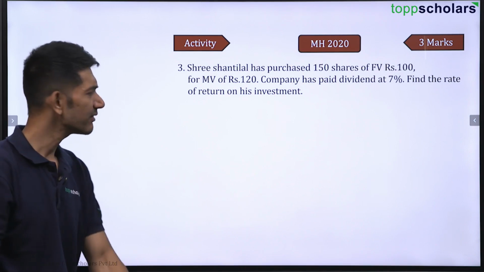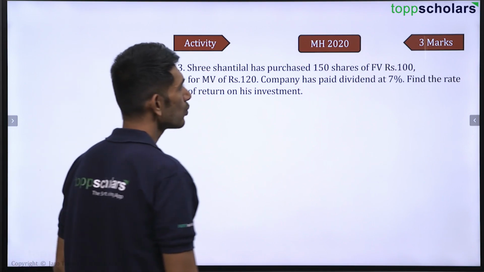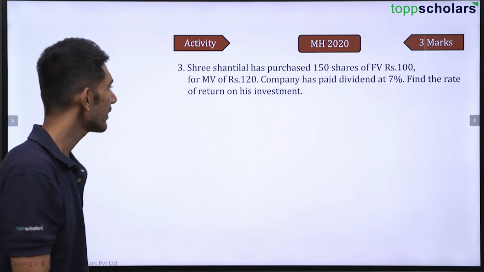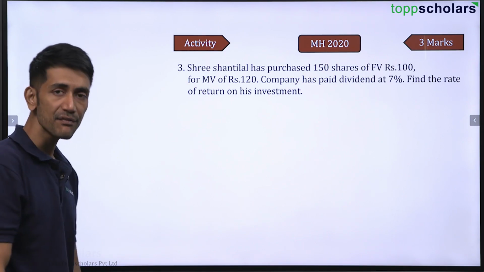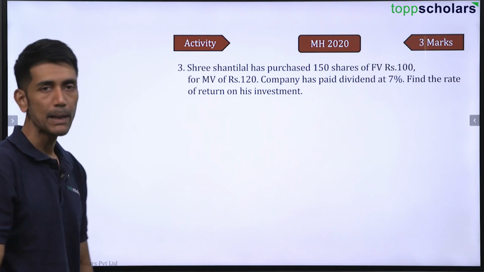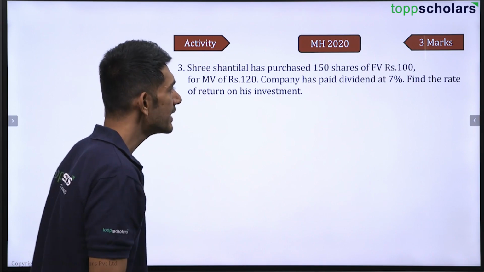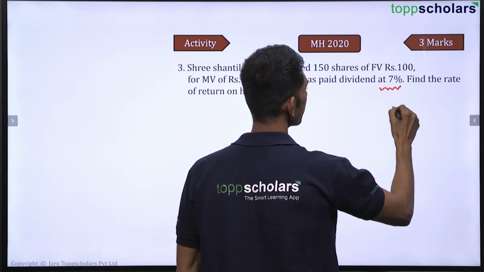Very simple, very easy. It says, Shri Shanti Lal has purchased 150 shares of face value rupees 100 for the market value of rupees 120. FV stands for face value, MV stands for market value. The company has paid dividend at 7%. So what is the dividend? Dividend is paid at 7%.